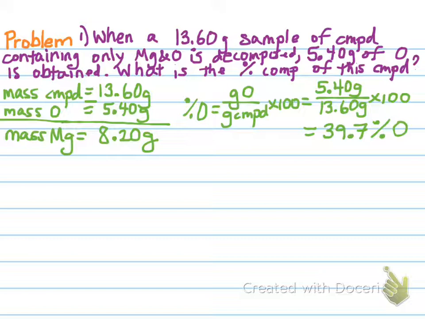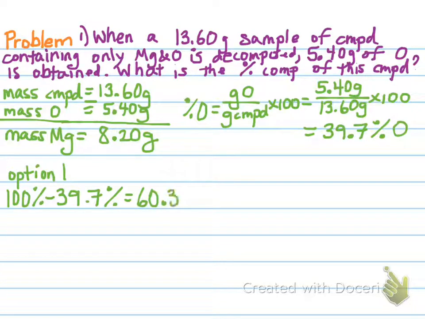Now, I have 2 options for how I calculate the percent of magnesium. Okay? Option 1, I know that 100% is the total, and I can subtract the percentage of oxygen that I have and figure out what percentage of magnesium I have, which should be about 60.3%.